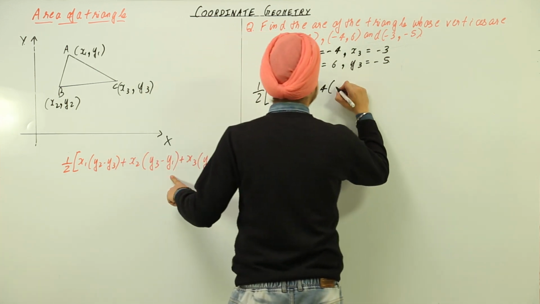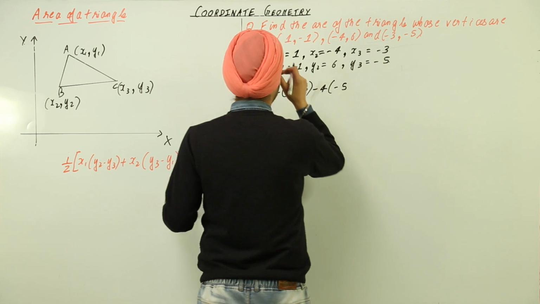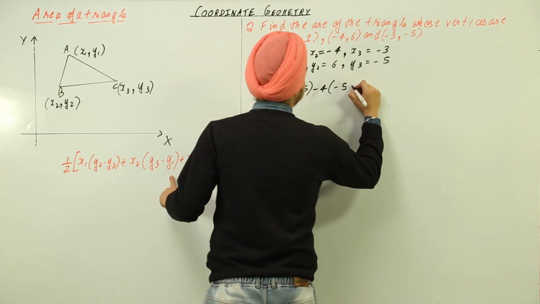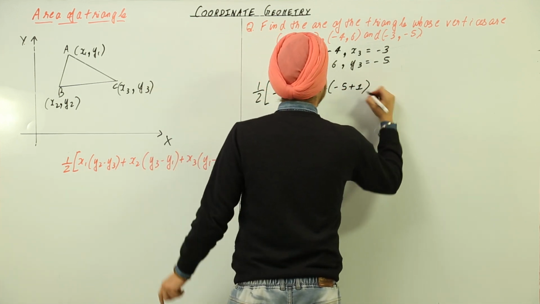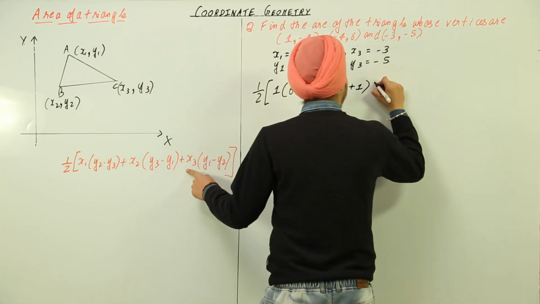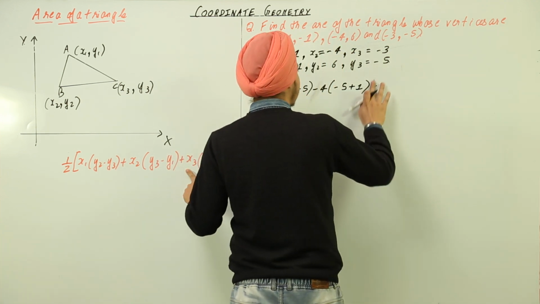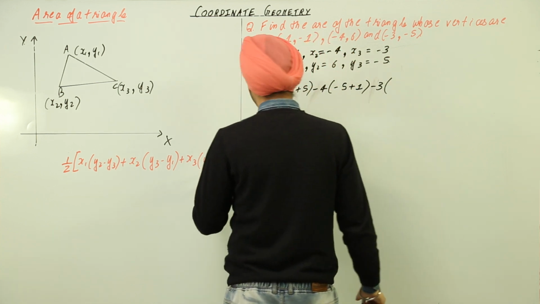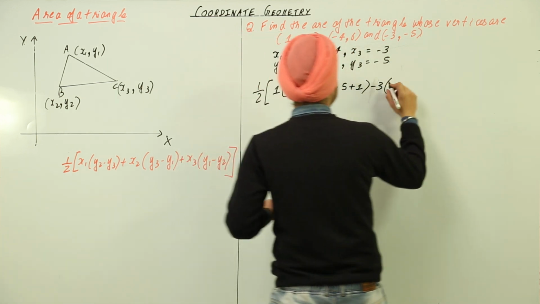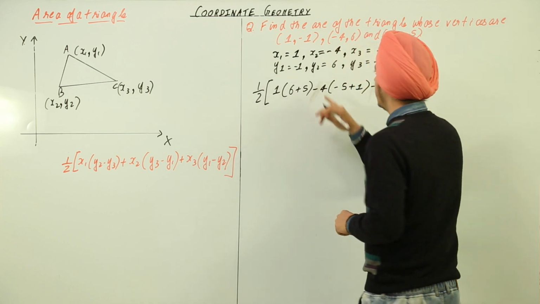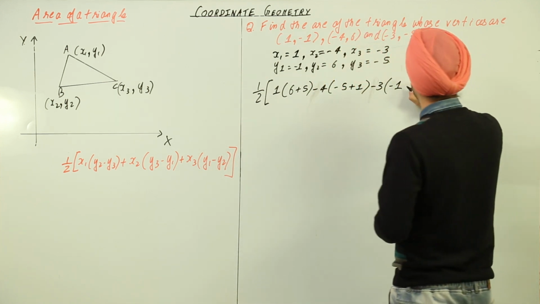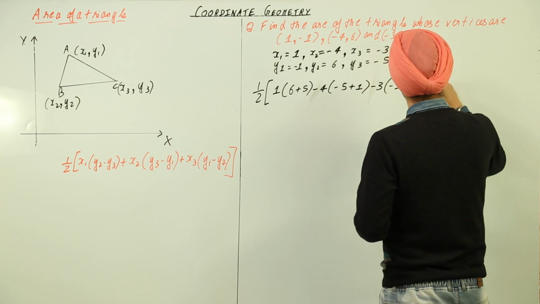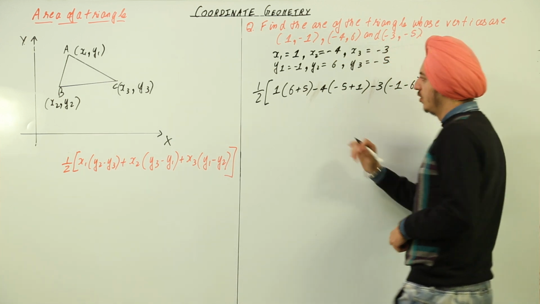So y3 is -5, minus y1, minus of minus 1 is plus 1, correct? Then plus x3, again this is -3, into y1 minus y2. y1 is -1 and y2 is 6, so this is going to be -7, and that is it, correct?